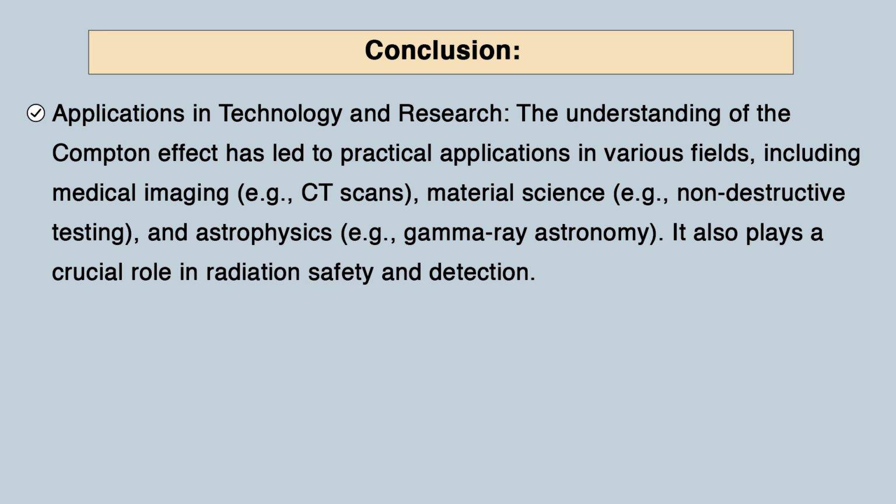The understanding of the Compton effect has led to practical applications in various fields, including medical imaging, that is in CT scans, material sciences, that is non-destructive testing, and astrophysics, that is gamma ray astronomy. It also plays a crucial role in radiation safety and detection.